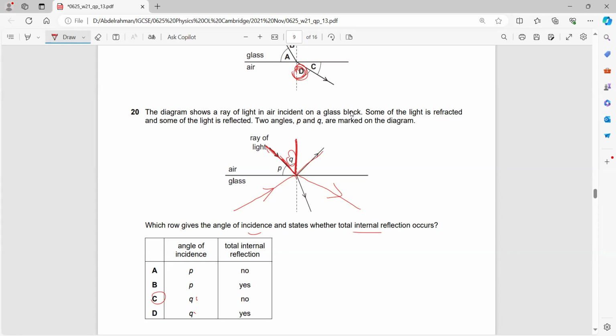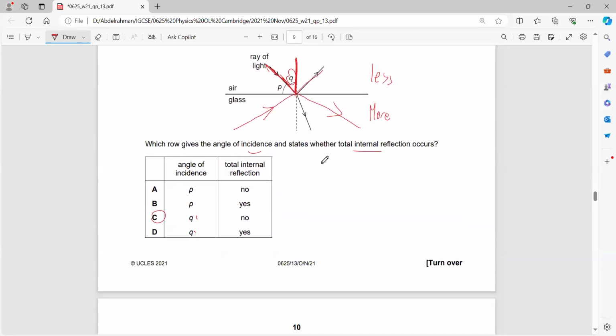If you're moving from the more dense medium to the less dense medium, total internal reflection could happen if the angle of incidence is greater than the critical angle. So definitely question 20 is C.